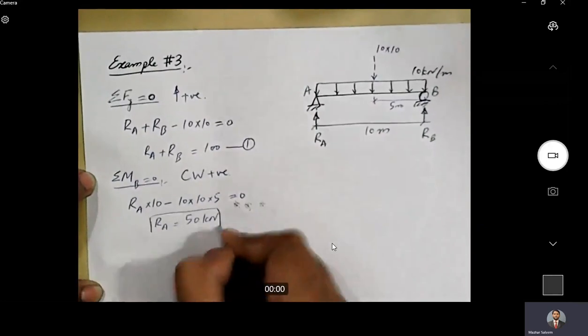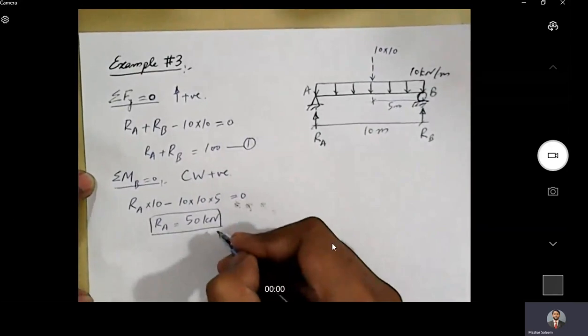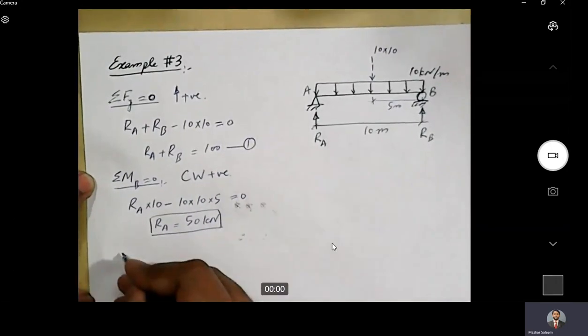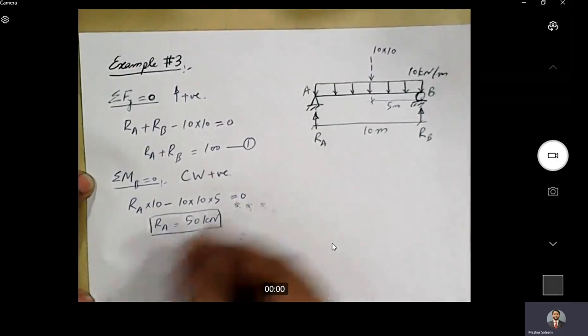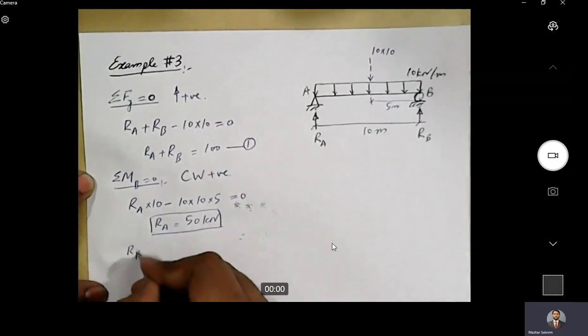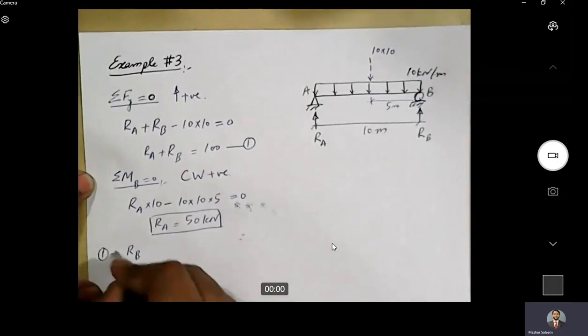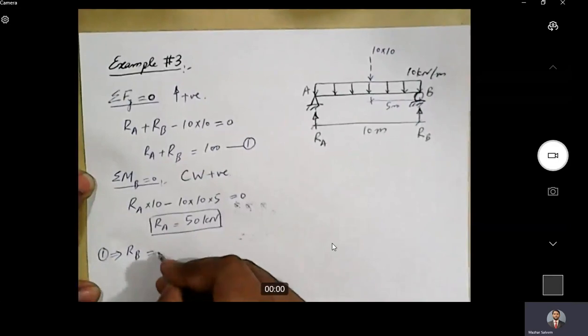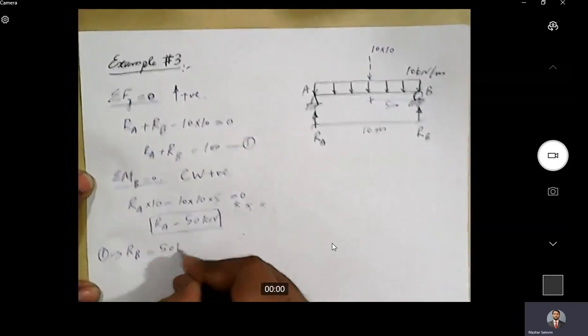And this is positive, which means that our assumed direction of Ra is true. Now let's put that Ra value in equation number 1, and from that we will get the value of Rb equal to 50 kilonewton.